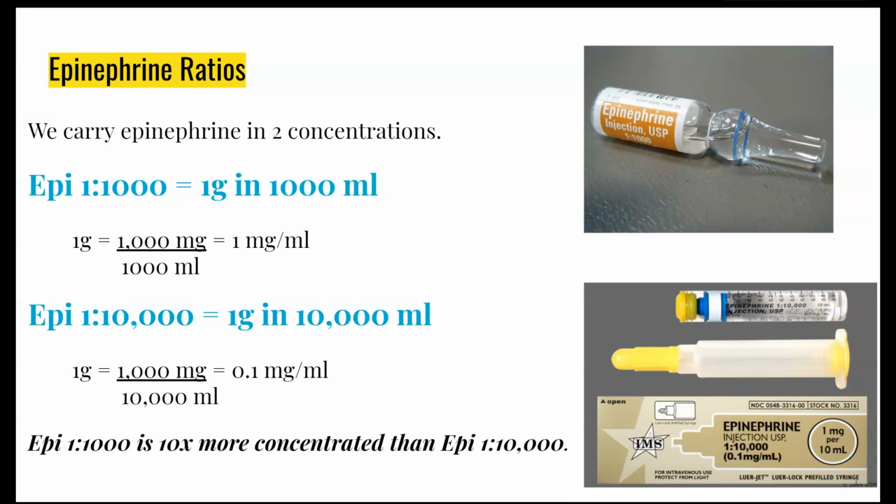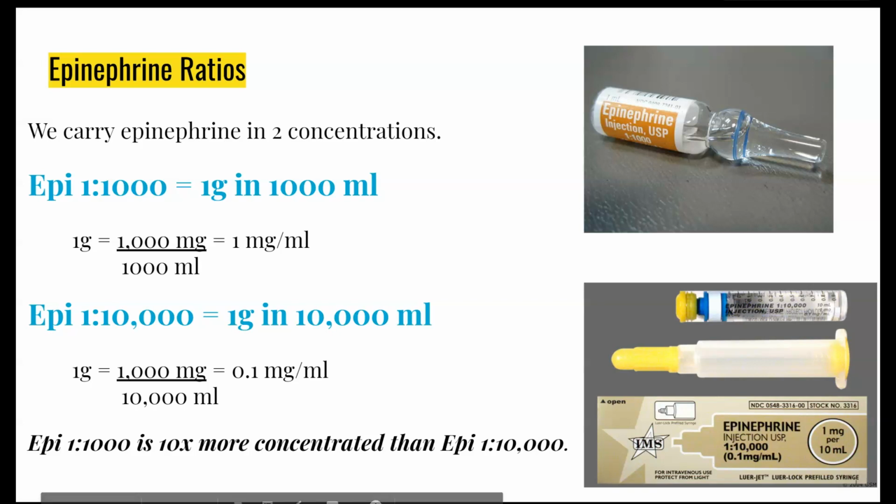So at the same time, if you look at the box, every milliliter of the epi 1 to 1,000, 1 milliliter is 1 milligram. If you look down here, it even tells you on the box, every milliliter of the epi 1 to 10,000 is 0.1 milligrams. Okay, because it's diluted.